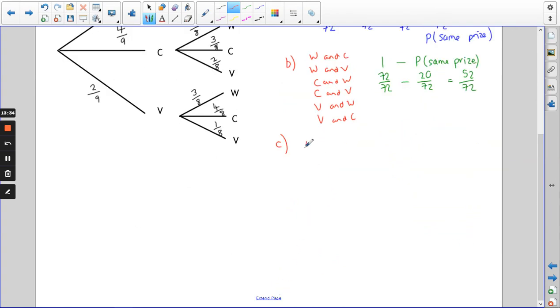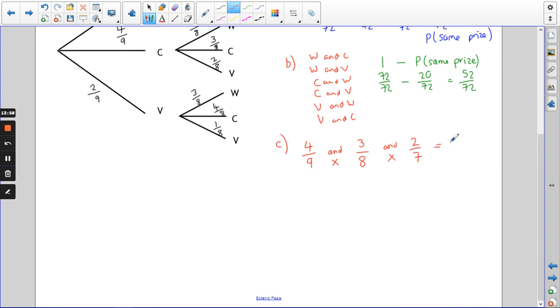The first person taking a box of chocolates is a 4 out of 9 chance. And, so times, the next person taking one, well, there's only 3 left out of 8. Okay, so there's a 3 out of 8 chance that the second person is going to take a box of chocolates. And when a third person comes up, there's going to be a 2 out of 7 chance now then, because there's another box of chocolates gone.